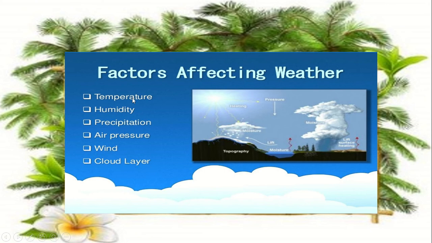So we will focus on the 4 affecting factors of the weather: temperature, humidity, air pressure and wind. If temperature increases or decreases, it will affect the humidity, air pressure and wind.